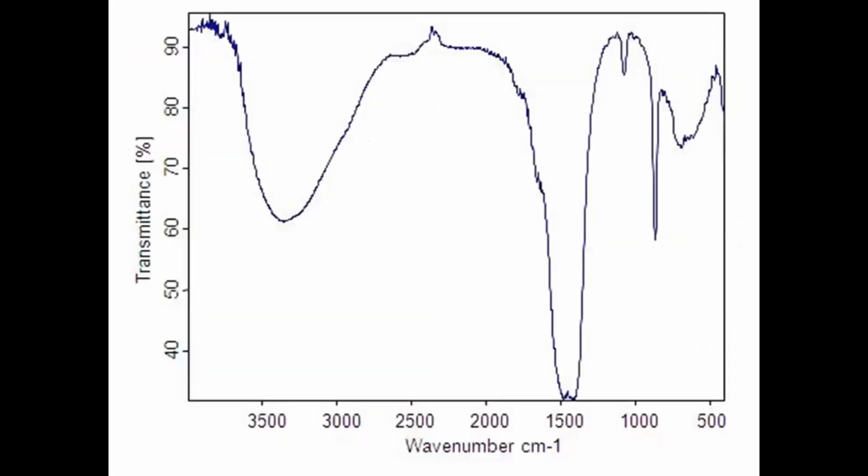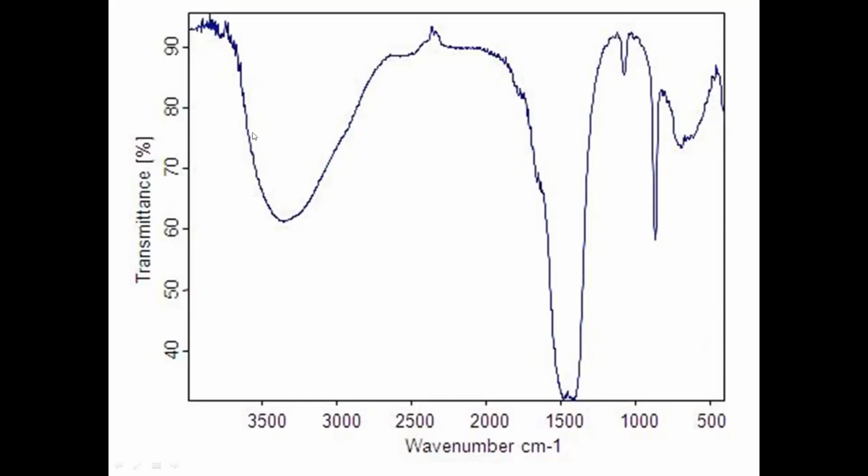If you magnify this FTIR spectra, you will get this type of spectrum on your computer screen. So suppose you want to know what is here. As you bring your cursor to this point, you will get the exact wave number there.